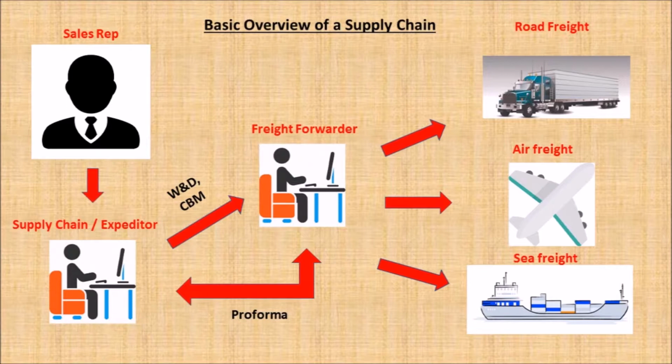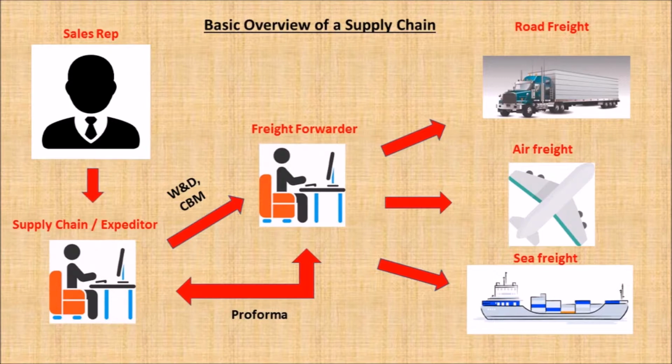But anyway, I'm getting ahead of myself. As we can see, the supply chain rep in his little suit on the left hand side now has all the orders entered, and now it's up to the supply chain expediter to arrange freight, arrange goods to be delivered, and all that sort of thing.